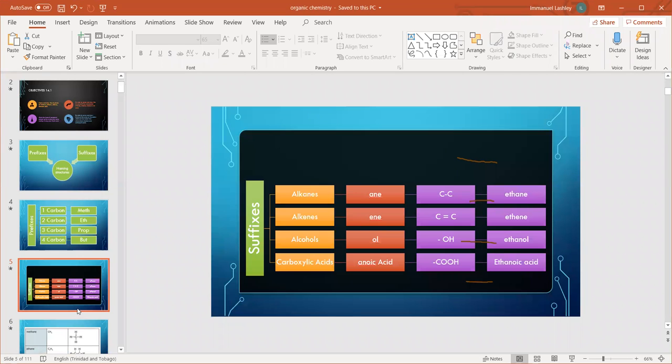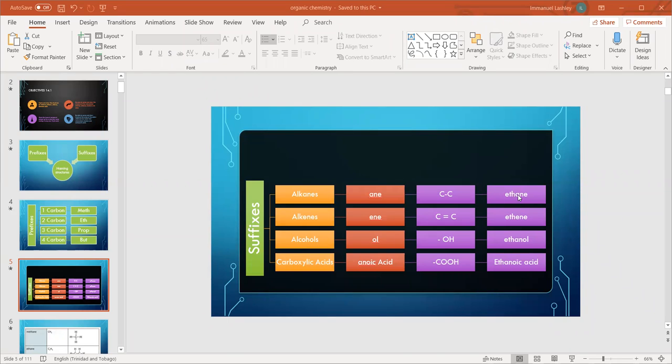Moving on, when we talk about the suffixes, so far we have looked at the suffix for alkanes, which end in ANE. Now, alkanes have only single bonds and not double bonds or triple bonds.